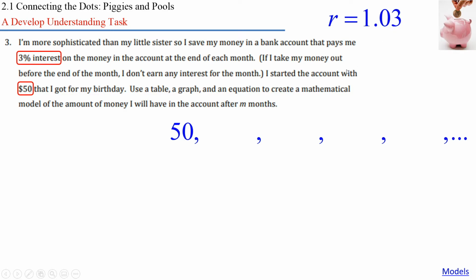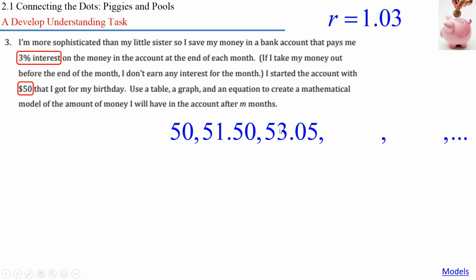So now we need some calculator help here. We're going to take this 50 and we're going to multiply it by 1.03, rounding our money to the nearest penny. So when I did that, I got $51.50. Now let's take our $51.50 and multiply that by 1.03. And I got $53.05. Now do this with the video.